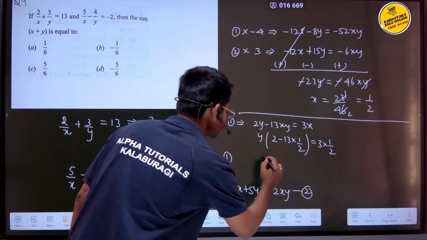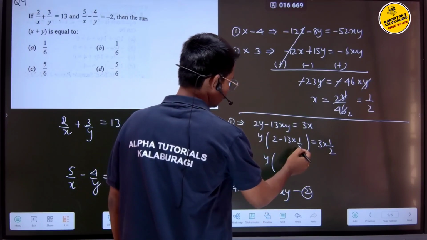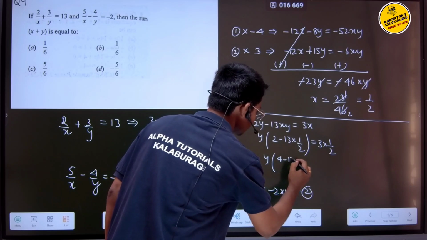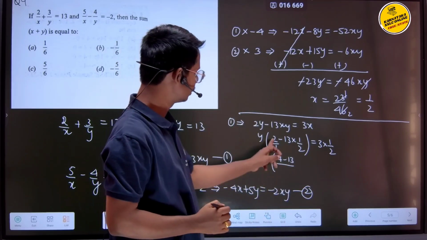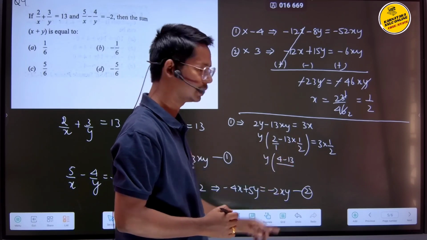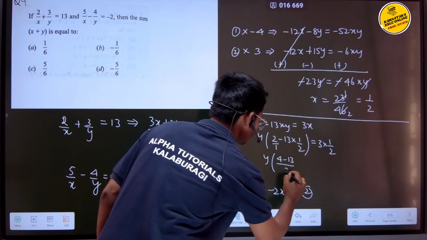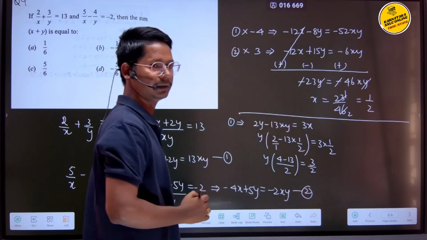Correct? So y of 2 into 2 is 4 minus 13 into 1 is 13, divided by 1 into 2 is 2, equals 3 into 1 by 2, nothing but 3 by 2.